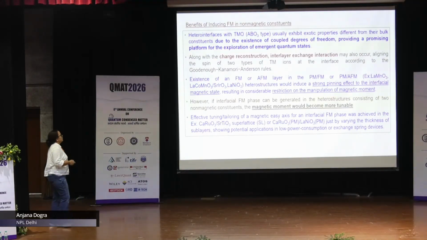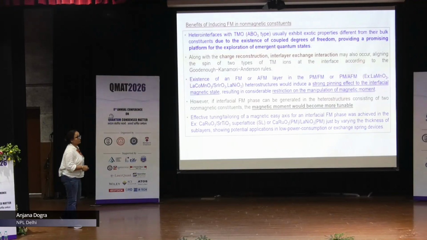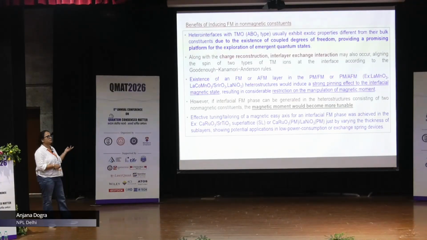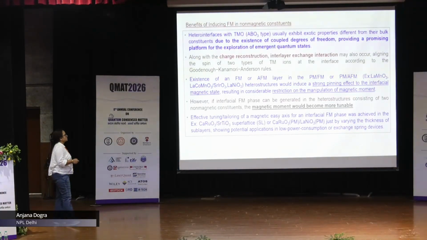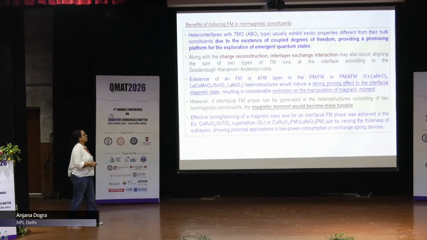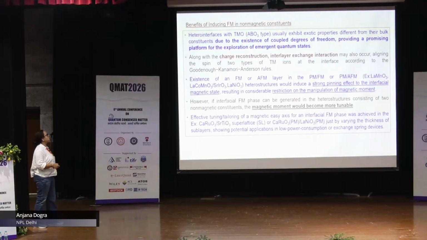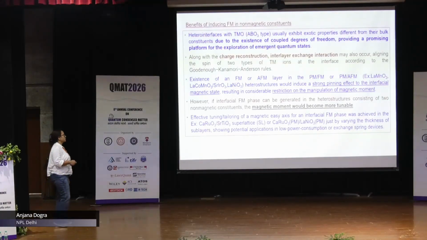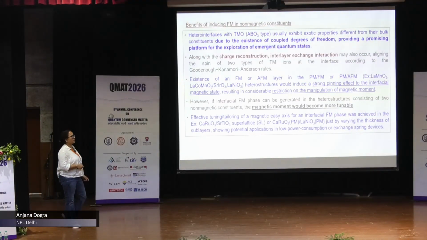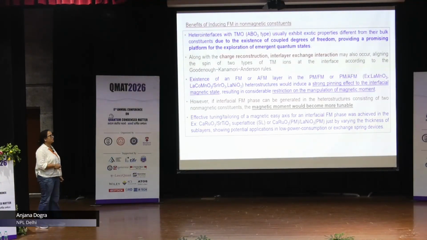Heterointerfaces, if we talk about transition metal oxides of ABO3 type, usually exhibit exotic properties, very different when moving from bulk to thin films or nanostructures. Why? Because of the existence of coupled degrees of freedom, which provides a promising platform for the exploration of emergent quantum states. That is one of the reasons we want to explore.